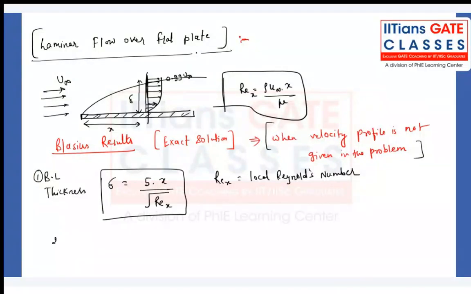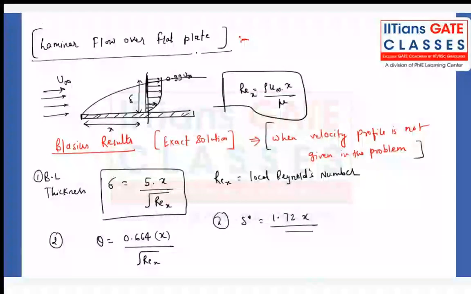Note down second, the momentum thickness, that is 0.664 into x divided by the square root of the local Reynolds number. Note down displacement thickness, 1.72 into x divided by the square root of Rex.